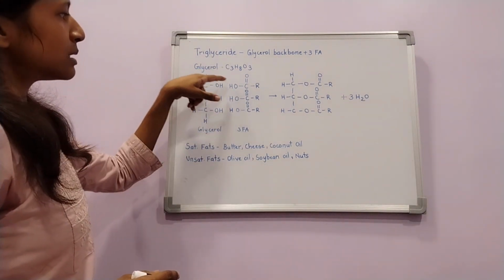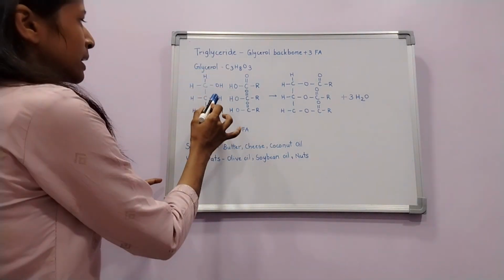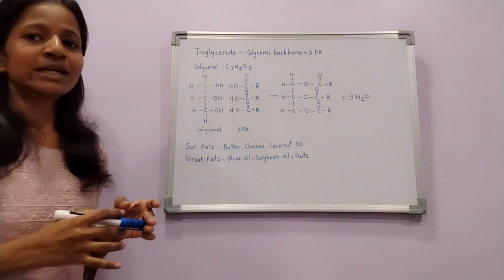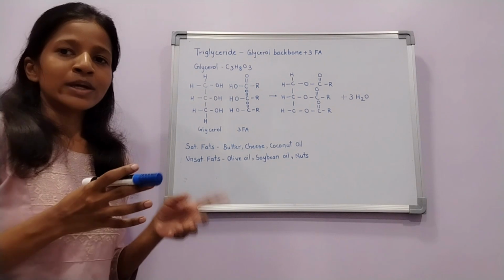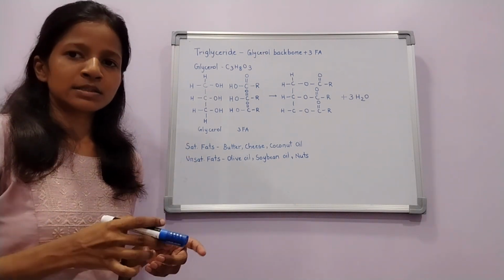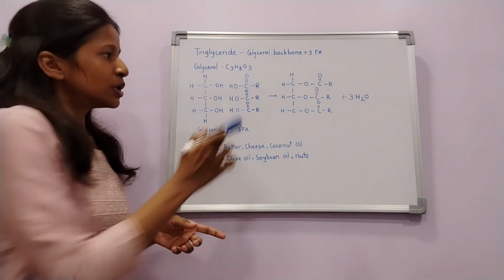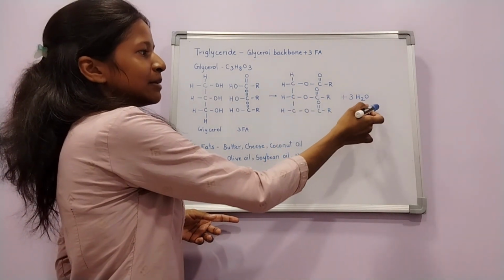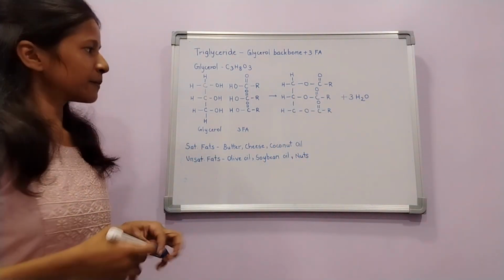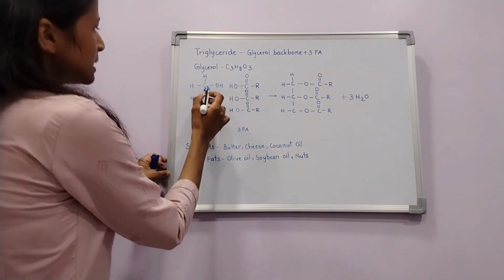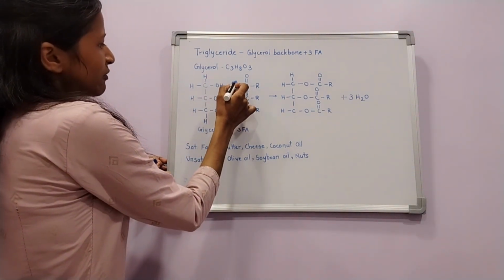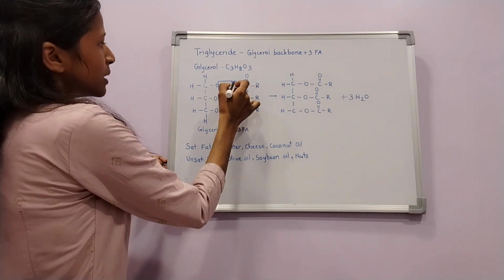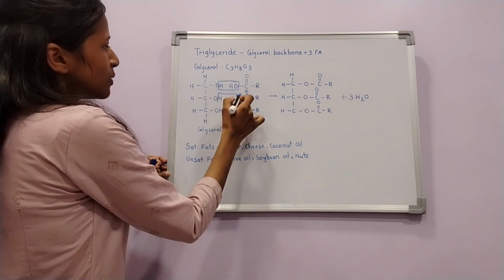This represents the COOH. Now these two undergo a process called esterification, wherein an alcohol and an acid react together to form an ester bond with the elimination of 3 water molecules. What happens here is this OH from the fatty acid and this hydrogen atom from the glycerol are eliminated as a water molecule.